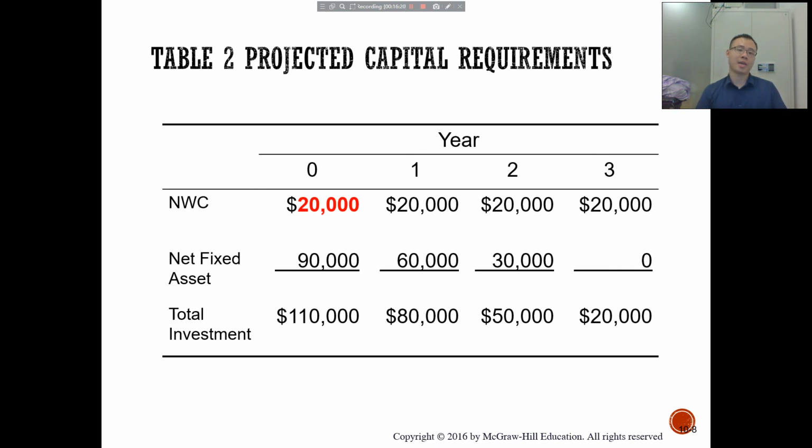If I'm selling women's clothes, I first have to buy a lot of women's clothes, but I'm not really sure if I can sell all of them. I buy them, they're in my store or in the inventory, and they're part of my assets. I use the money to buy them.